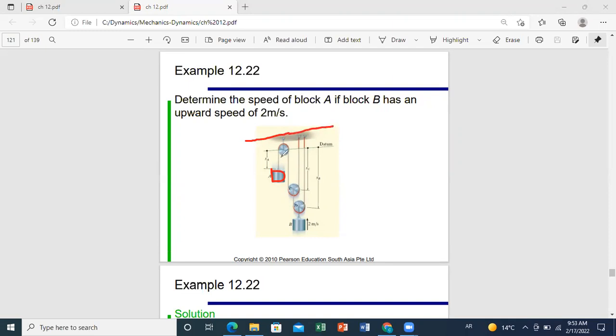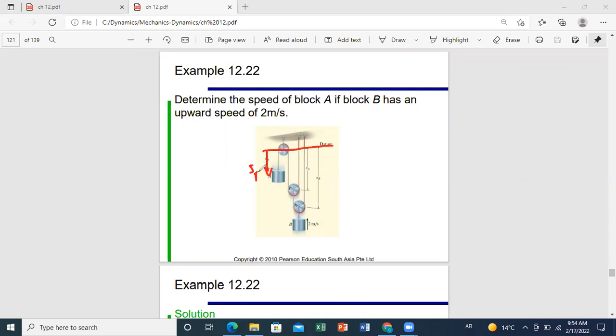I can put it passing by this point because this point is the center of a pulley that is attached to the ceiling, so it's fixed. So you are free to do what you want. At the end, all constants will cancel out. So here a good choice will be to take the reference passing by the center of this pulley. And then this part of the chord will be equal to S of A. So my first coordinate needed is S of A.